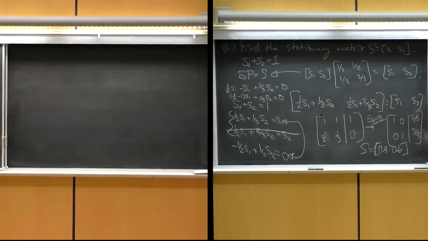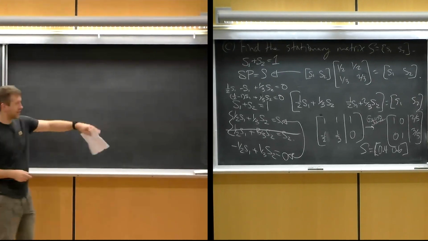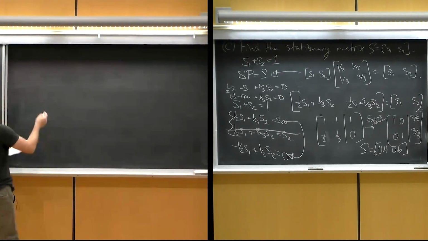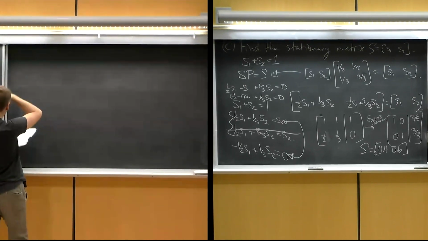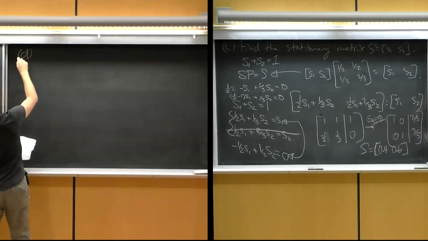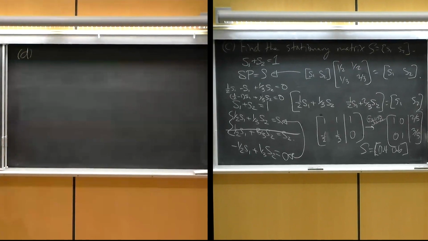So here's a question. If you followed what I was saying about the limiting matrix, then once you've found the stationary matrix, this should be very easy. Well, actually before that, maybe I'll give you two different questions that should be easy.